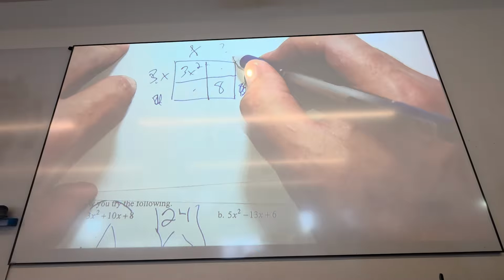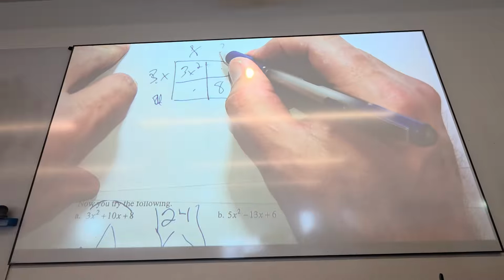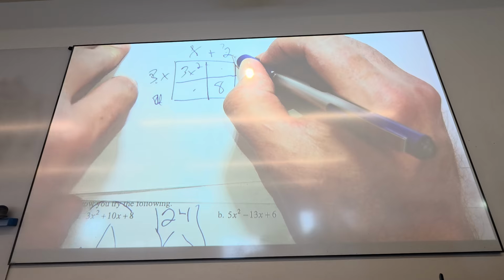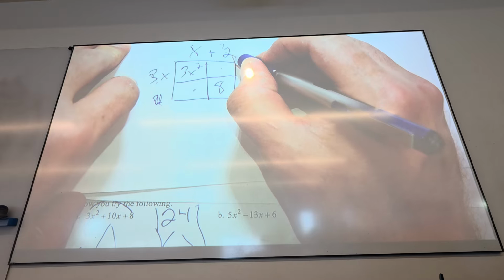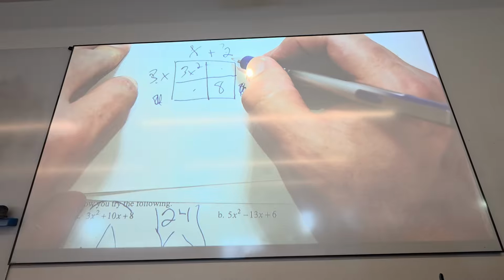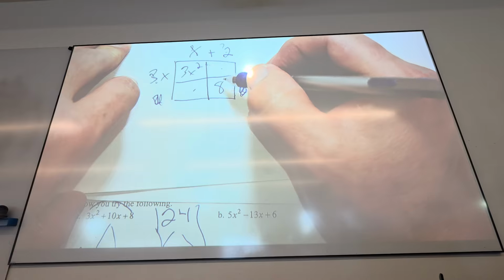You add 2. Why? Because 2 times 4 is 8. Sure. So why not put a 4 here? Because when I do 3x times 4, that's not going to give me 8.